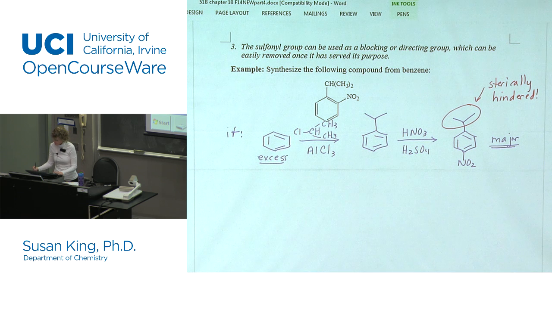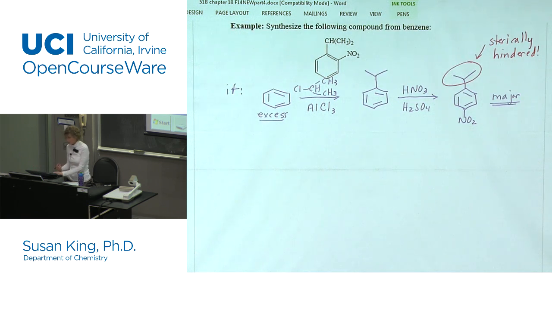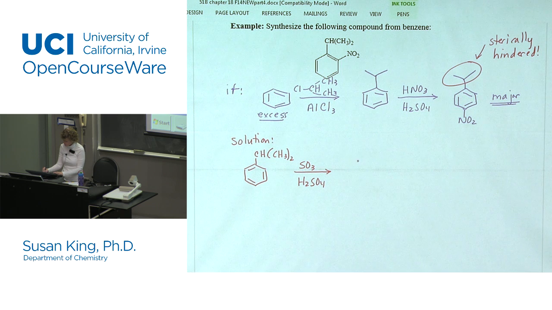All right, so if we want to increase our yield, we're going to sulfonate. This should be our major product.